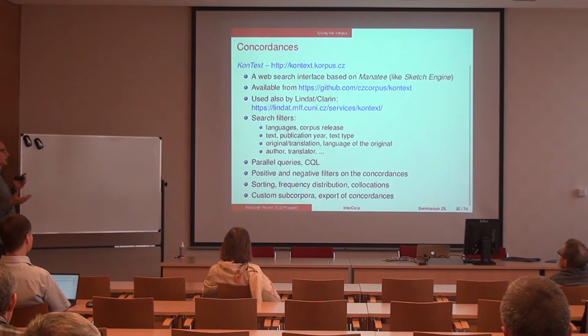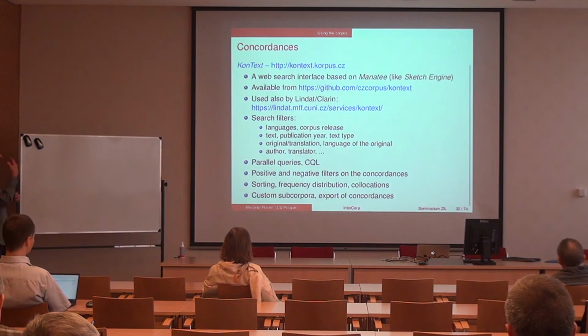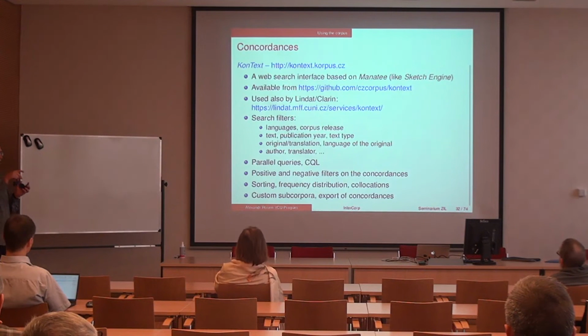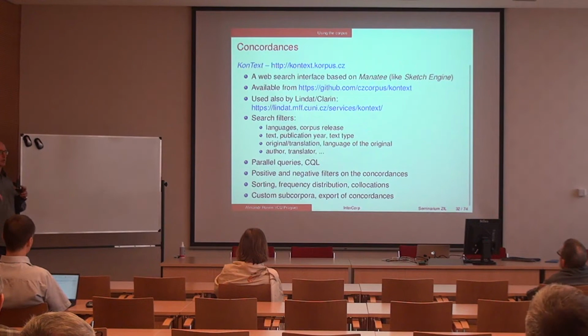It's now fairly stable, and you can use it more or less in the same way as the standard monolingual query, also with the option of querying a single language, a single corpus which is part of the parallel corpus, without the other language, or even multiple languages. You can query multiple languages at the same time.